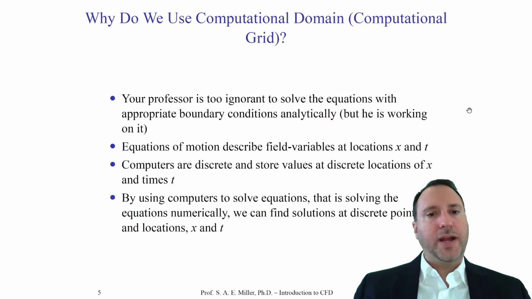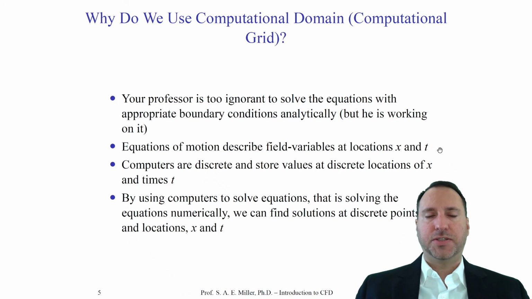Now, recall that equations of motion, no matter the field, describe field variables for the problem that we're solving. And they're typically located, especially so in engineering for practical problems, at locations x and times t. We live in a three-dimensional space and time is advancing forward. This is not any different for the Navier-Stokes equations.